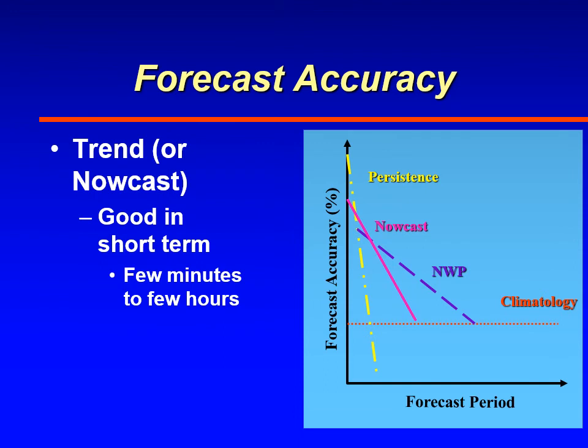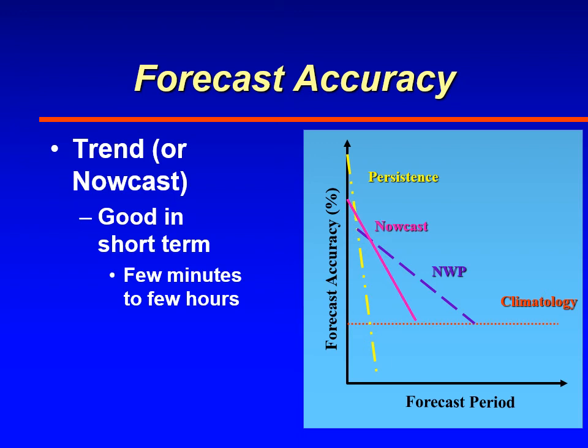The trend or nowcast is good in the short term, but more than a few minutes or actually even a few hours, it starts to fall apart. Nowcasting is used by forecasters when there is a weather event that's occurring and they know that that event is going to continue to occur in the near future. A good example is a severe thunderstorm.